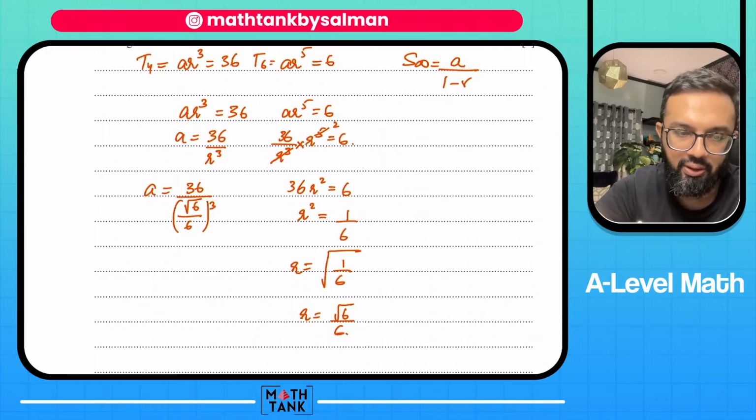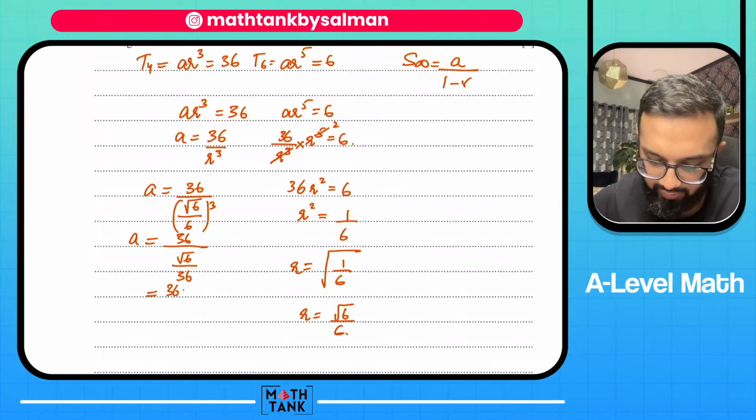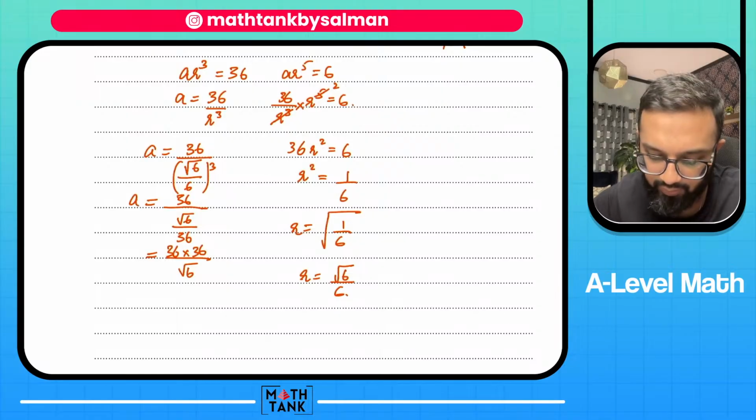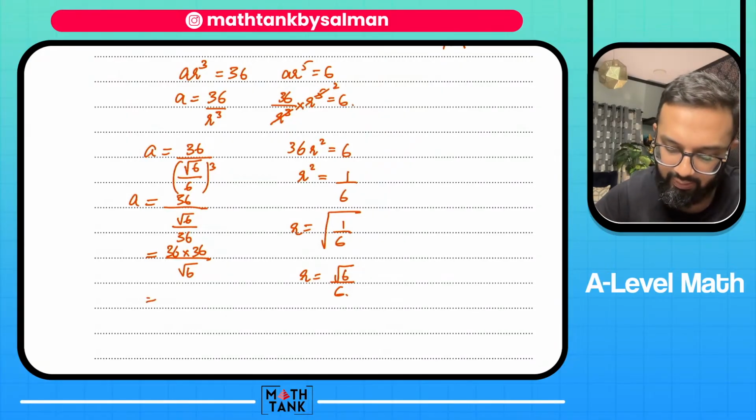So this denominator is basically root 6 over 36. So it's 36 into 36 divided by root of 6. I've taken the reciprocal because I moved it up. So it's 36 into 36, 1296. So 1296 over root of 6.